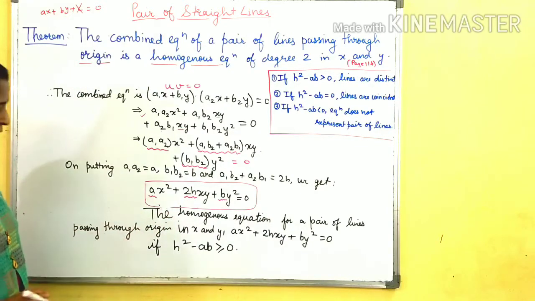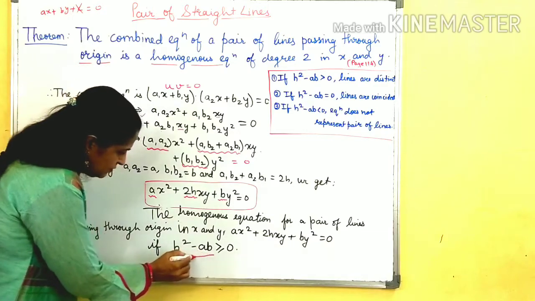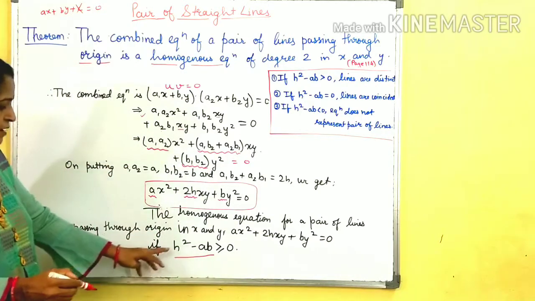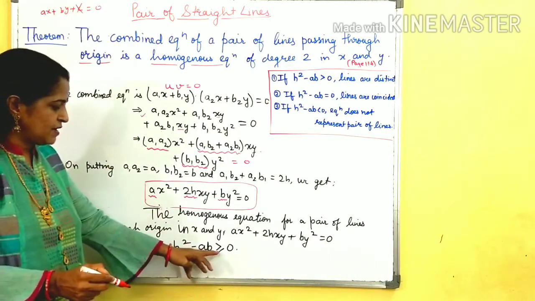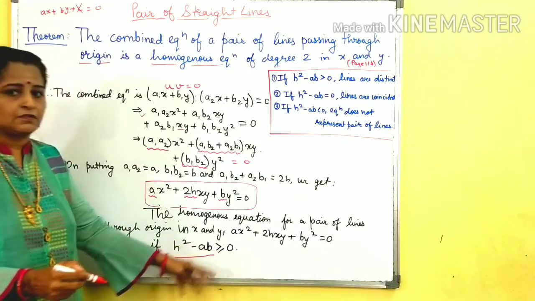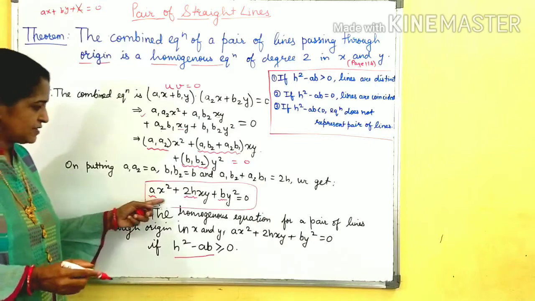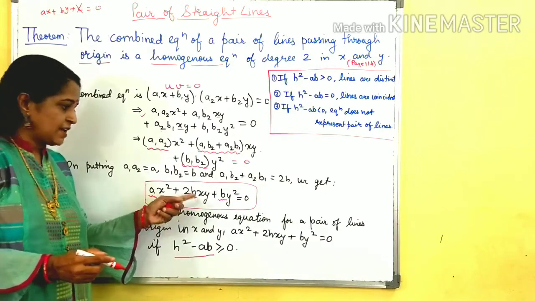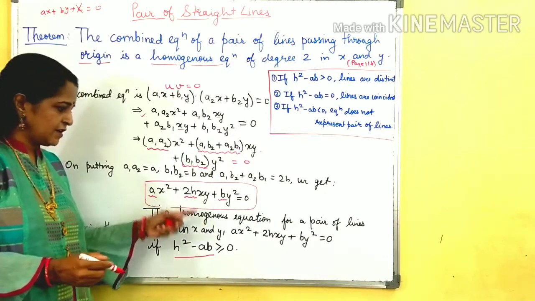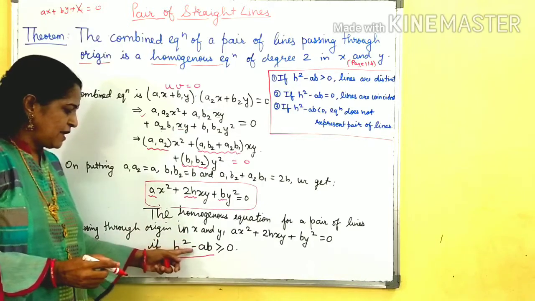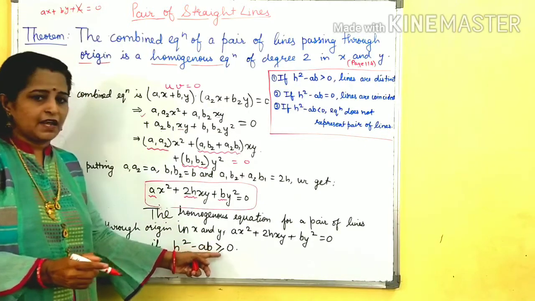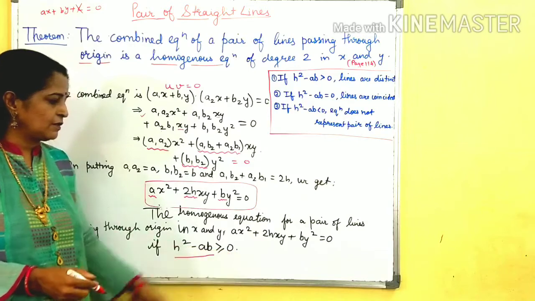For that, you have one condition, which is h square minus ab is greater than or equal to 0. Any equation of this type is an equation of pair of lines if h square minus ab is greater than or equal to 0.